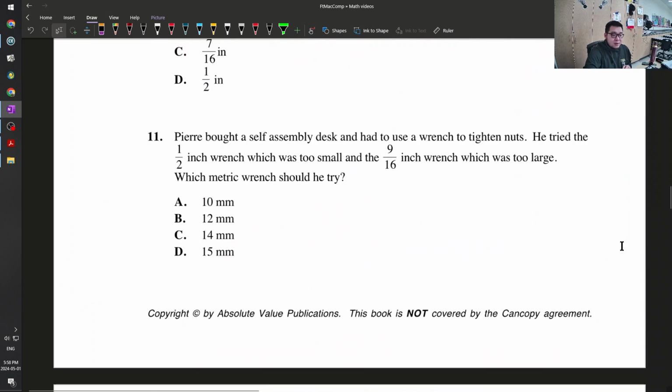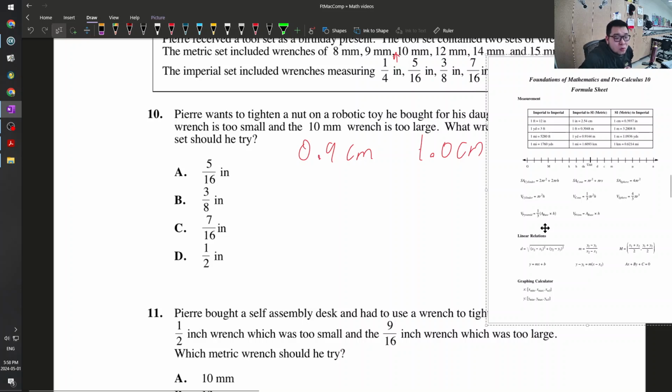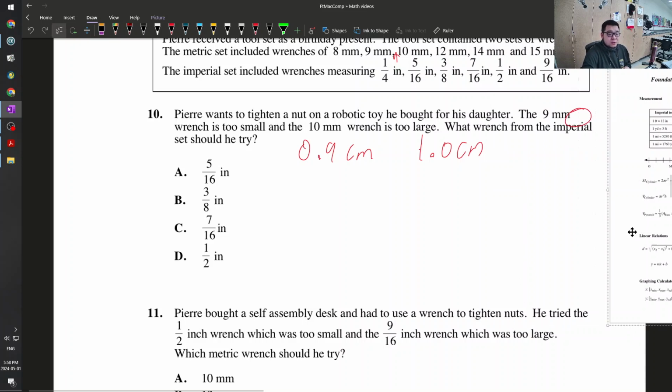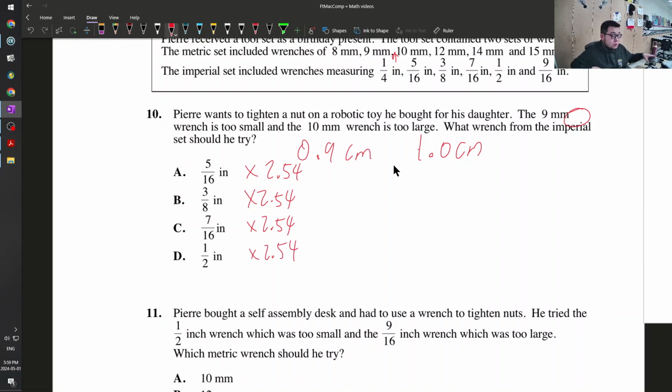So we know that 1 inch is equal to 2.54 centimeters. So we're just going to take these values, multiply them by 2.54 centimeters, and see which one is the closest. I'm just going to do that on my calculator.